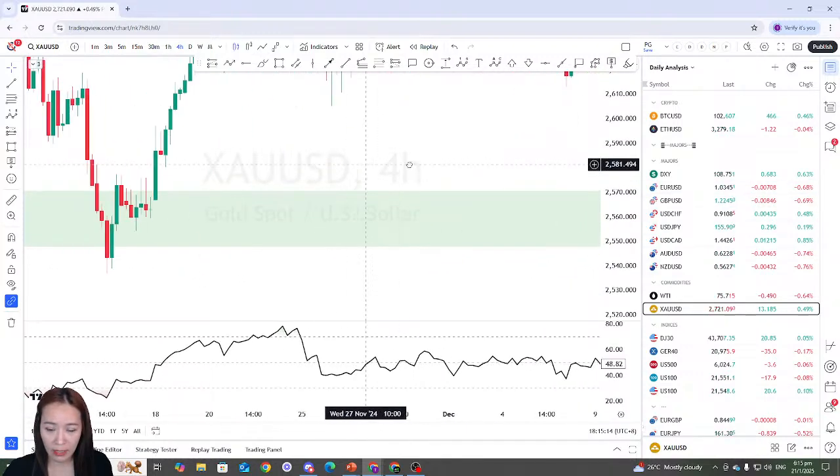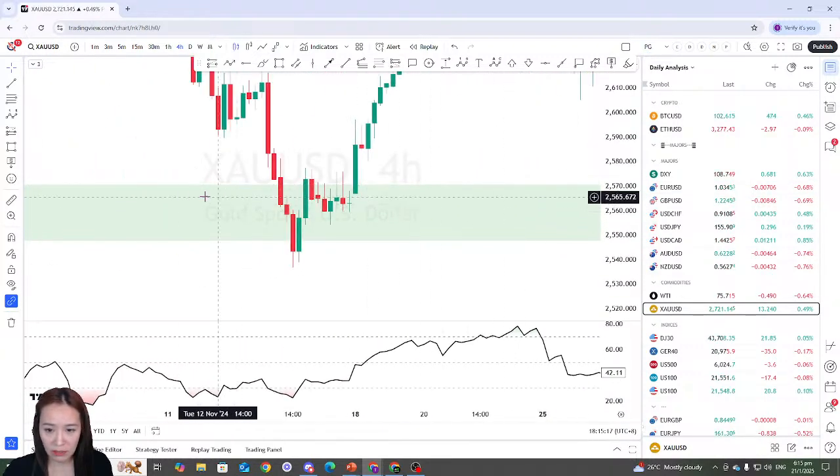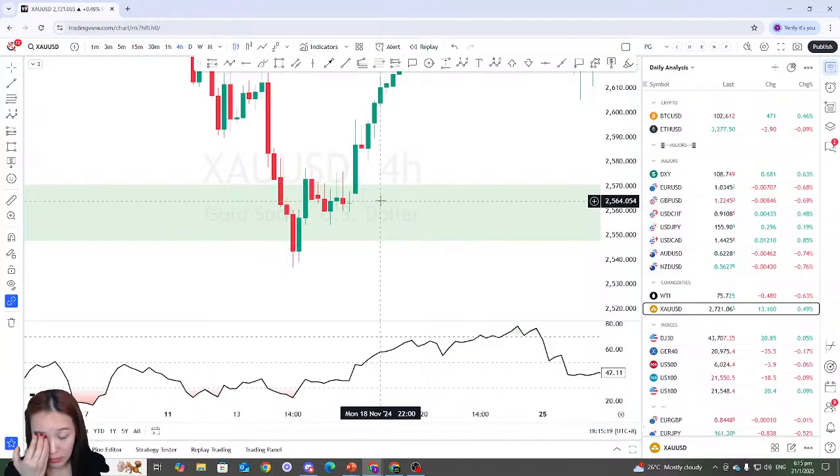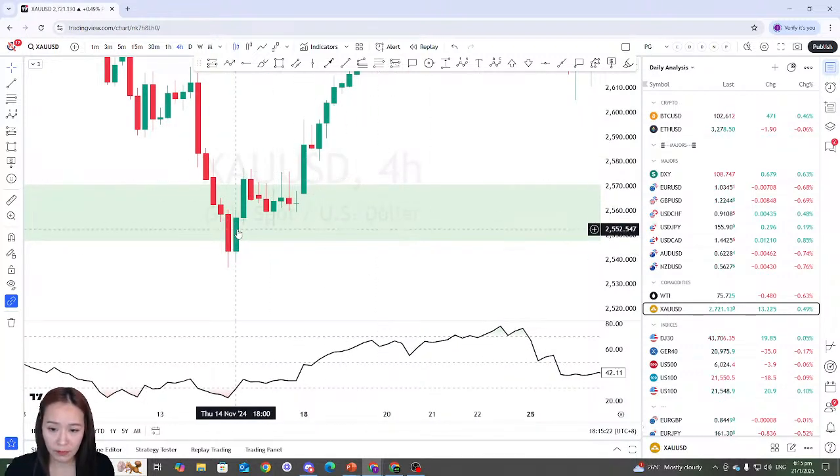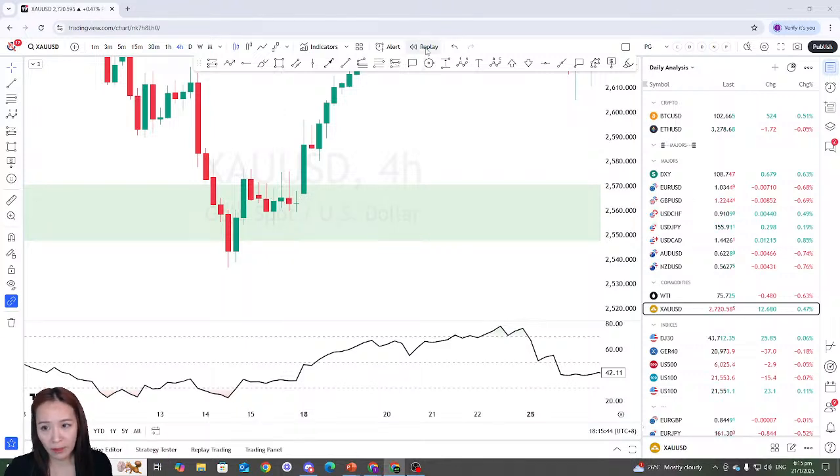One thing I want to tell you guys, look at the higher time frame. This is our support zone based on the daily time frame. H4 closed with a bullish engulfing candle, but you need to wait for one candle to close, right? You can see two candles engulf this candle, so you could buy. But if you want to buy, you need to wait for price to pull back, because if you buy here, after this candle closes, the opening price is here, and you will see that price pulls back.